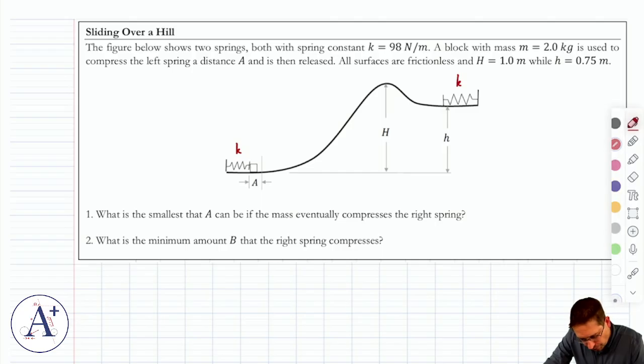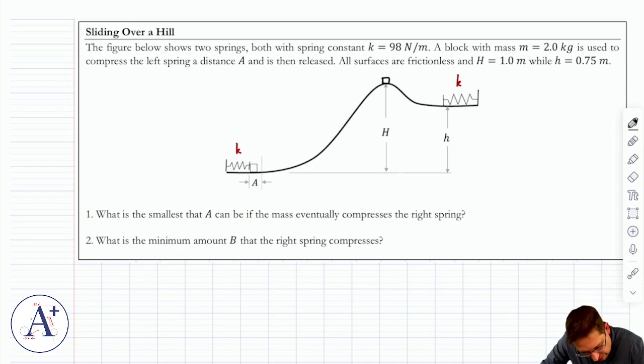And so the key to answering this question is to say the following. Here at the top, I want V top to be 0. Now that seems a little strange, but the smallest amount A that will launch this mass from the spring so that the mass eventually compresses the spring on the right is such that you reach the top of the hill with no speed.